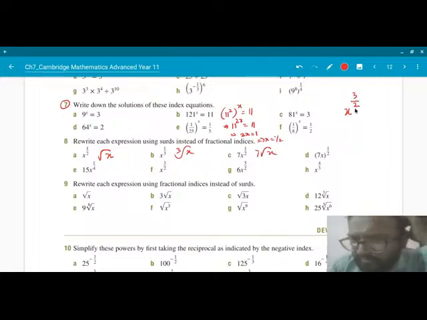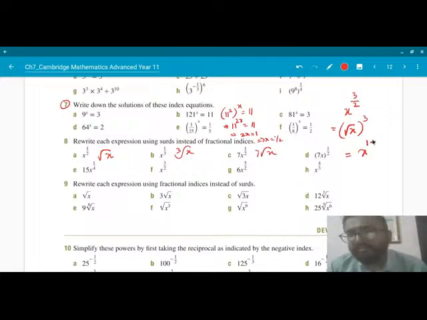It is the square root of x power 3. Or in another case, x into x power 1 by 2. That is also right. According to the requirement of the problem, we can convert to suit the evaluation.